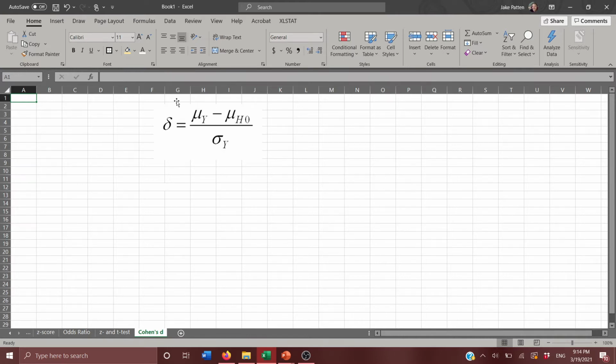What we have here is our population mean, our sample mean, and our population standard deviation. Also, this is a D. I don't know why it looks like that. So let's put in the things that we need to know. Population mean.